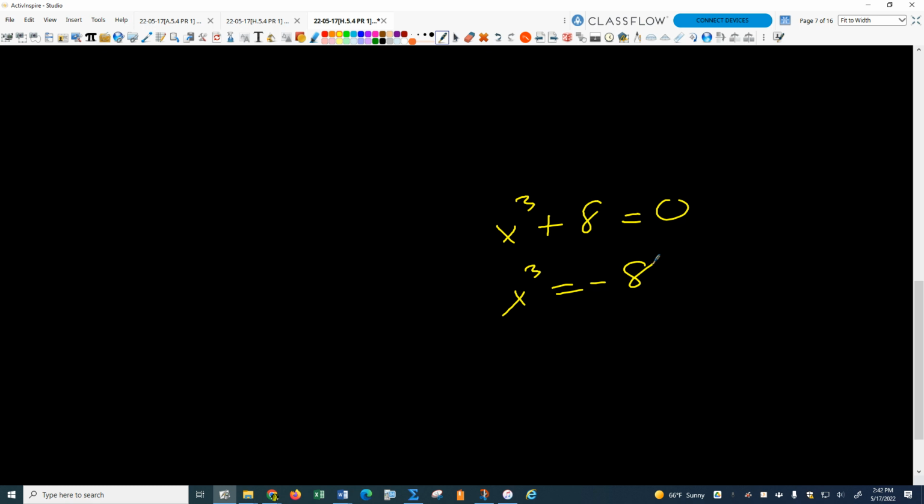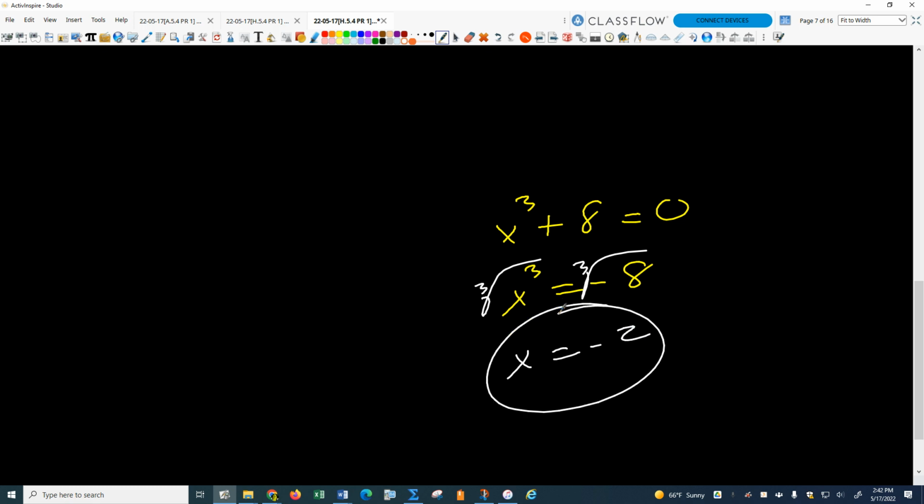If I cube root both sides, I don't do a plus or minus when I cube root, so I only get one solution, x equals negative 2, but I know there should be 3. See what I'm saying? So if I have a polynomial that's bigger than quadratic, I cannot guarantee that by isolating x, I'm going to get all of the solutions. I may only get the real ones.